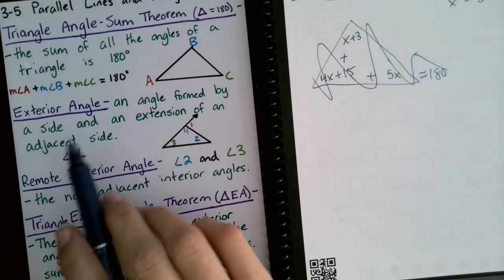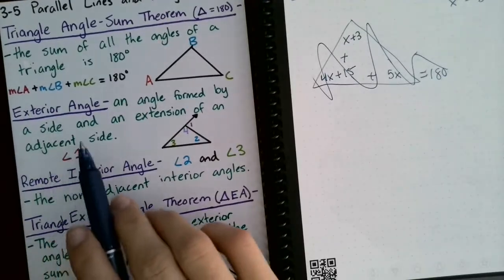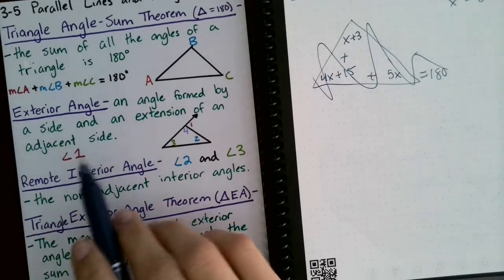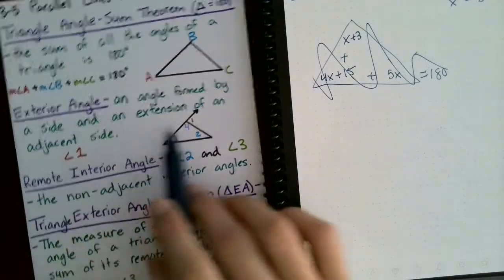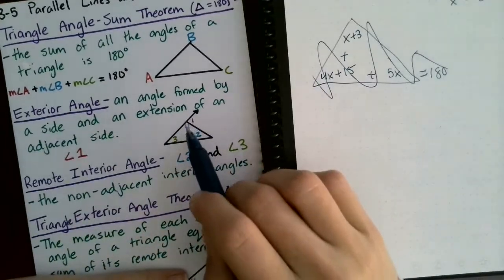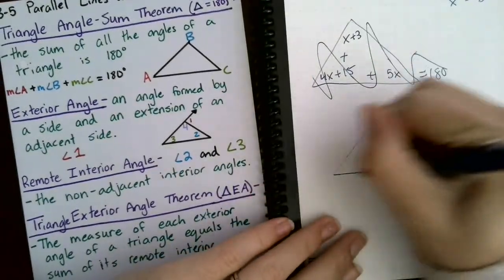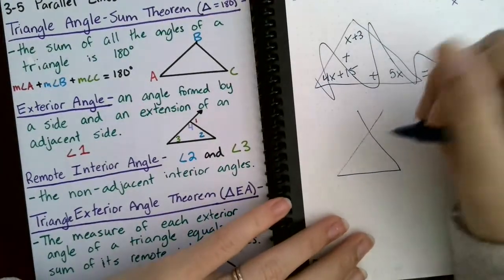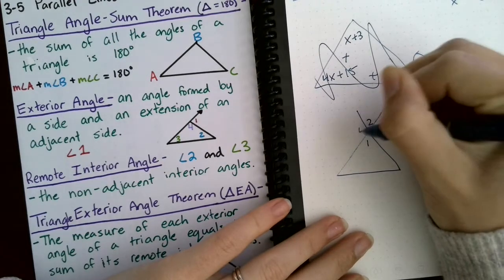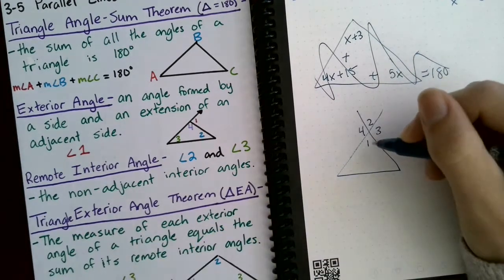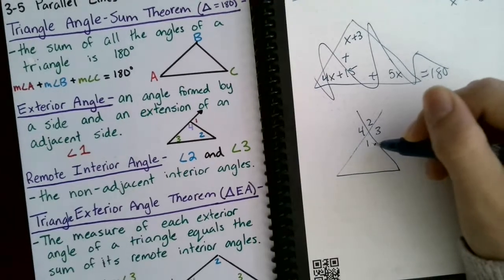Okay, an exterior angle is an angle formed on the outside by a side and an extension of an adjacent side. So one thing I do want to note, angle 1 here is an exterior angle. But if I was to have this, okay, 1, 2, 3, 4. Angle 1 is an interior angle right here.